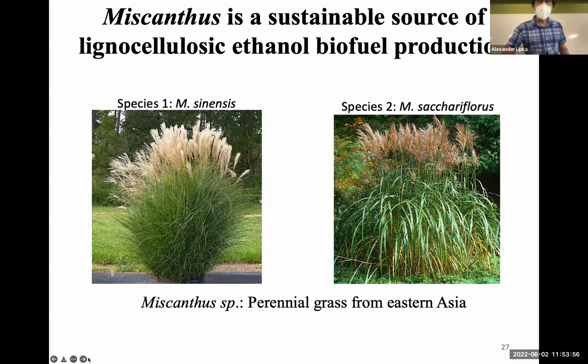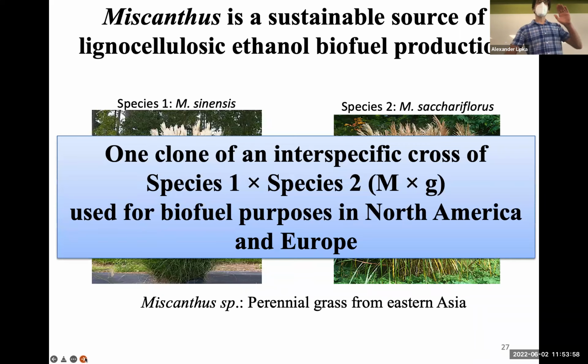So where am I going with this? For biofuel purposes, you use a nothospecies. You cross a cultivar of species 1 with a cultivar of species 2, and you use it for biofuel. You can get really tall plants, like 12 or 13 feet tall, with a lot of biomass.